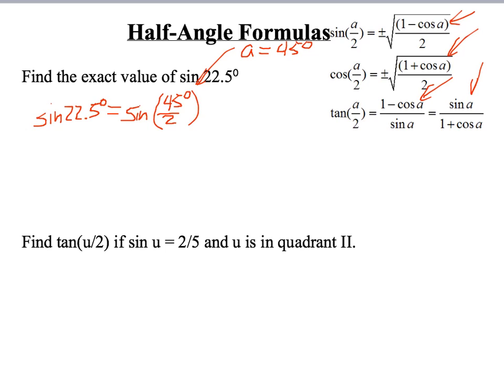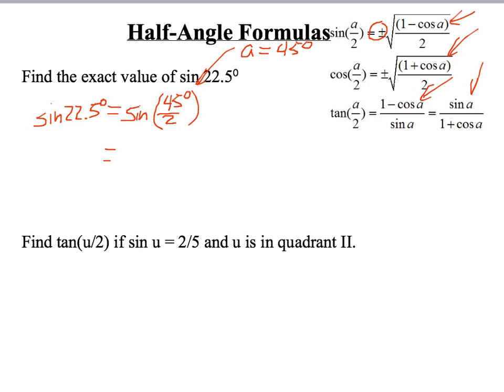That's what I'm going to be using in all of these formulas for A. In this particular one, I'm only asked to find the sine of 22.5, so I'm going to use the sine formula. Now we have a decision to make. Is it going to be positive or negative? Well, 22.5 degrees is in the first quadrant, and sine is always positive there, so I'm not even going to write it in.